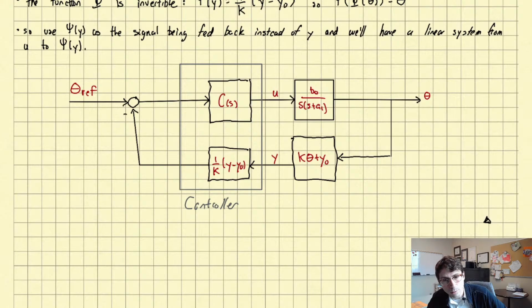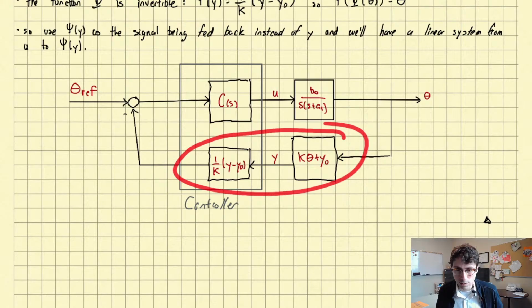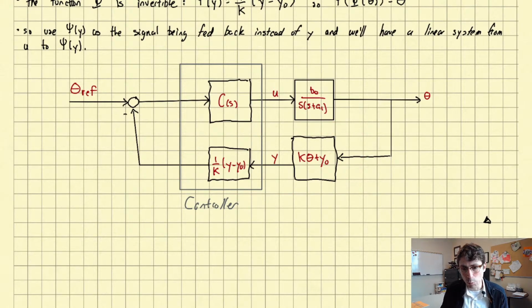So just like we said for cancellations at the input, let's look in a little bit more detail at this cancellation that we did in light of the fact that this is going to be implemented on a computer. So in reality, there's going to be a sample block sitting in between here, and this is all going to be discrete time on this side. Okay?